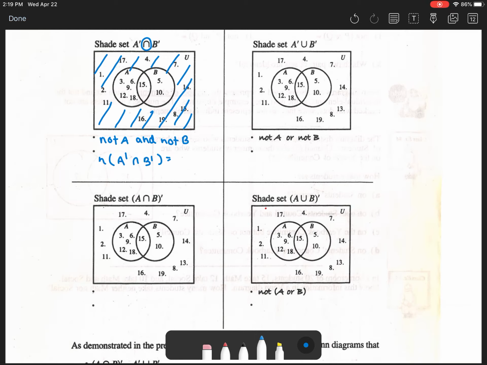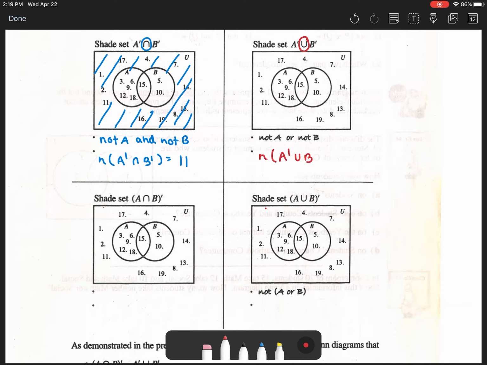When they overlap, what you're going to get is everything outside of those two circles. That's not A and it's not B. So count up the number of elements there and you will get 11.